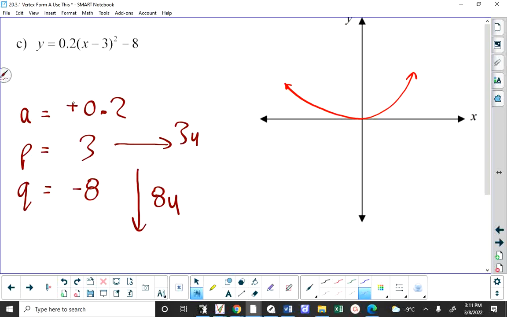So the vertex will be at 3, -8. And again, I keep coming back to this, that the vertex is at P, Q. You shouldn't even really need a graph to see that, because P is the horizontal shift, Q is the vertical shift. The vertex will be at 3, -8.